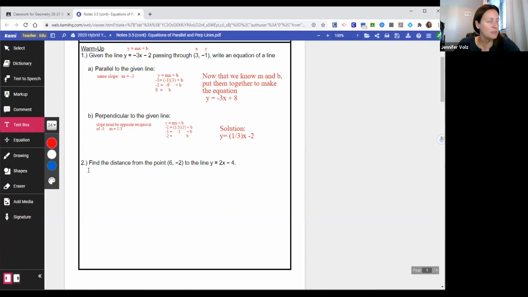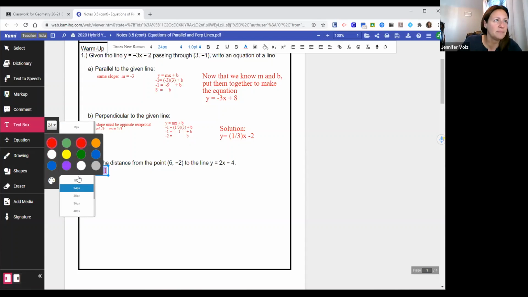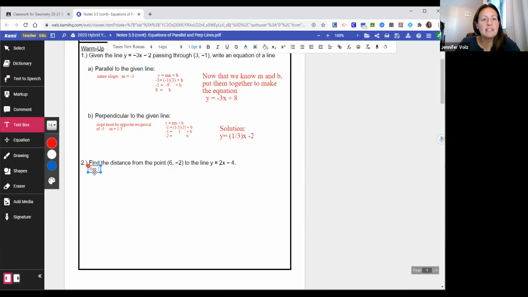Now, question 2 is quite a bit more work than either of those, because here are the steps we're going to have to take. Step 1, I'm going to need much smaller font again. We'll go with 14. To find the distance from a point to a line, we first have to figure out where on the line.